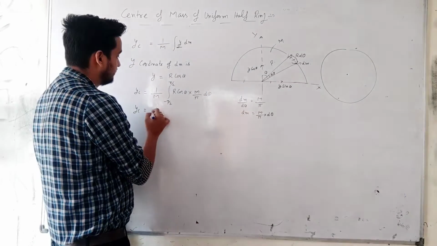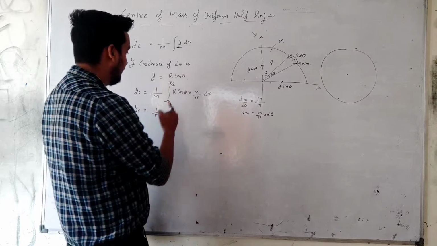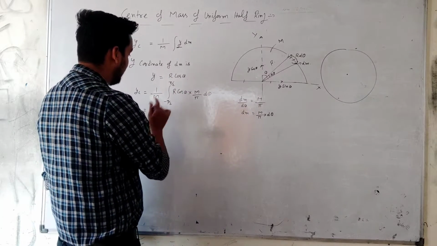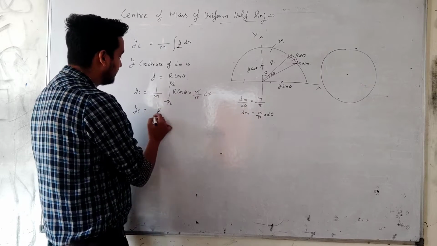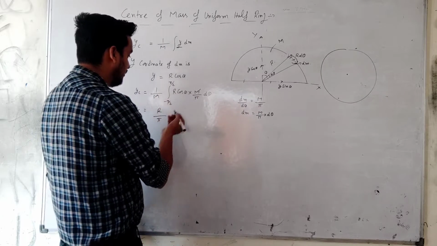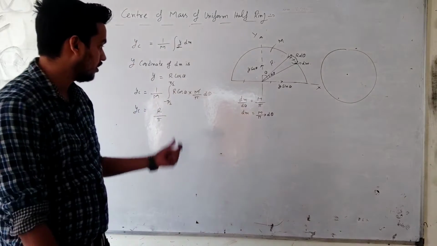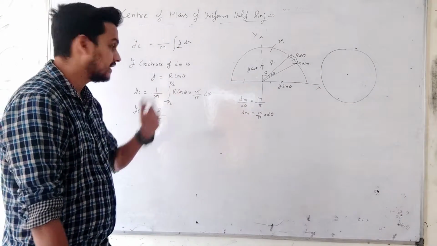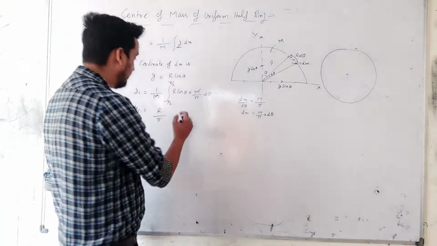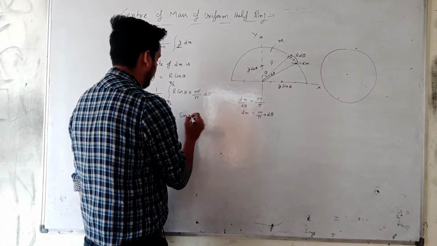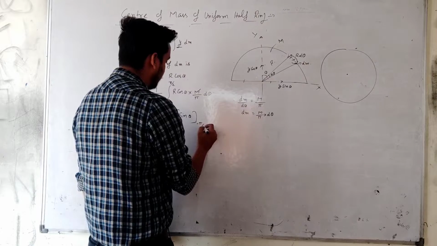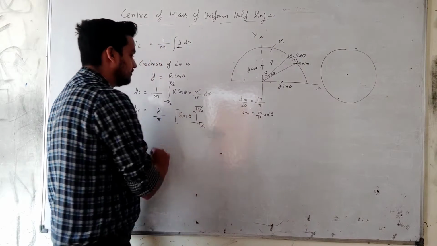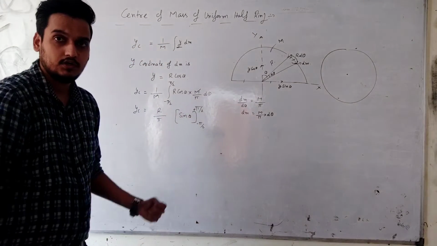Now the center of mass is 1 by m, m gets cancelled out from here, and we take the other constant out of the integration, that is r upon pi. Now we have to integrate cos theta. The integration of cos theta is sin theta, and the limits are minus pi by 2 to plus pi by 2.